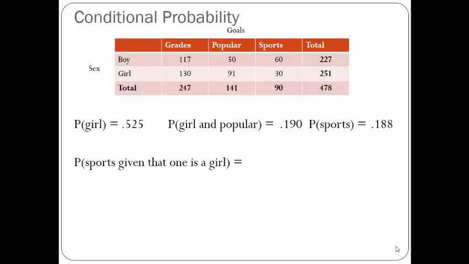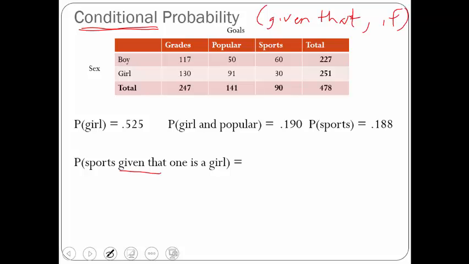So the next one is a little bit different, because all of a sudden we got this idea of given that, right? And this is what a conditional probability is. Up at the top, you might not have noticed, but with conditional probability, a lot of times you start seeing the terms given that, or you might see the word if, right?